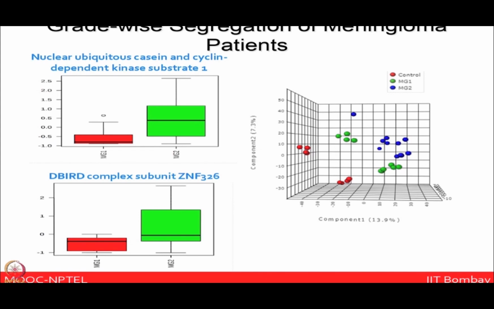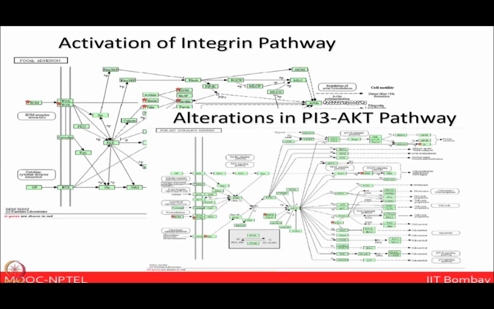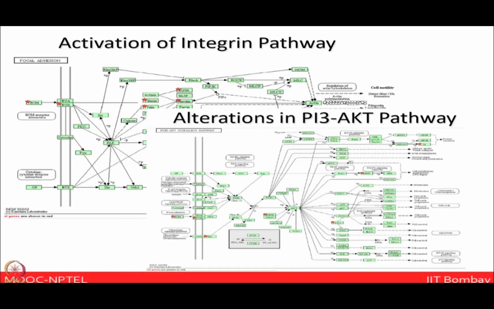But what is most interesting from these kinds of proteomics and big omics studies is that you get to see a large number of changes and you try to put them together and analyze them with pathway analysis, to see which networks and pathways most of the changes are perturbing. Looking at this information, we found that the integrin pathway as well as the PI3K AKT pathway were greatly affected because of the meningioma disease.